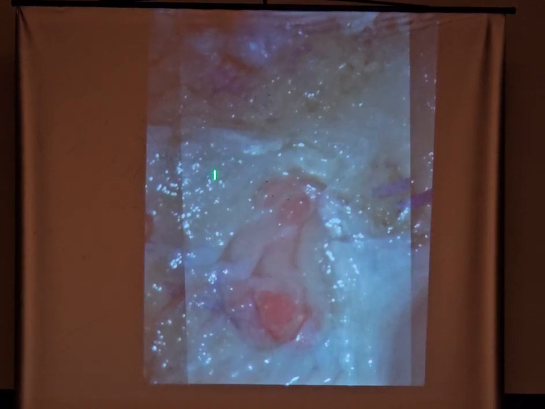Again, only on the right, we have cut the optic nerve, so we can see the origin of the ophthalmic artery, and in the majority of cases, this origin is in the subarachnoid space, between 83% to 100%.